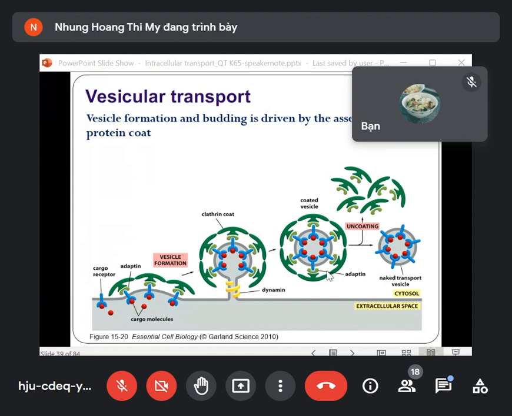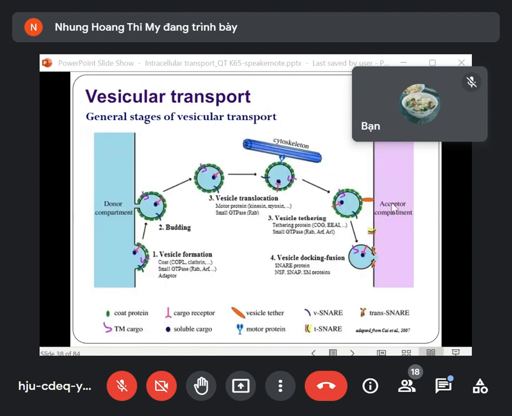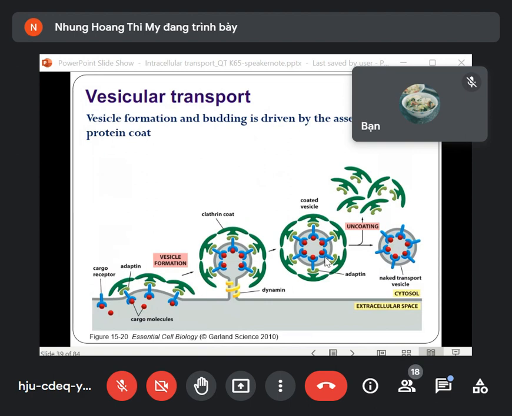So after budding is complete, the vesicle is transported to the target or the acceptor compartment, as I mentioned before. And whenever it gets close to the acceptor compartment, the coat proteins are removed.